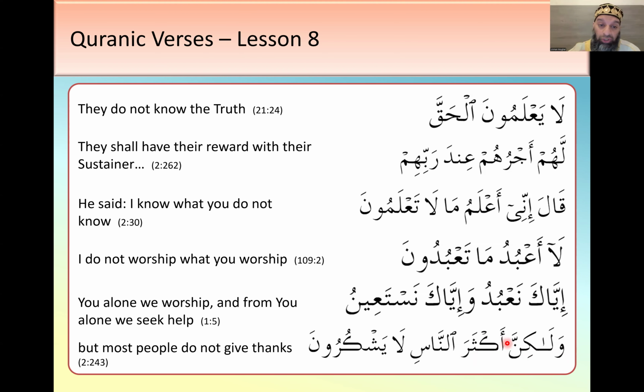They all do shukr. They all give thanks. And the la means not. So, but most of the people, they do not give thanks. La yashkuruna, they do not thank. They might translate as they are not grateful. Yeah, they do not thank.